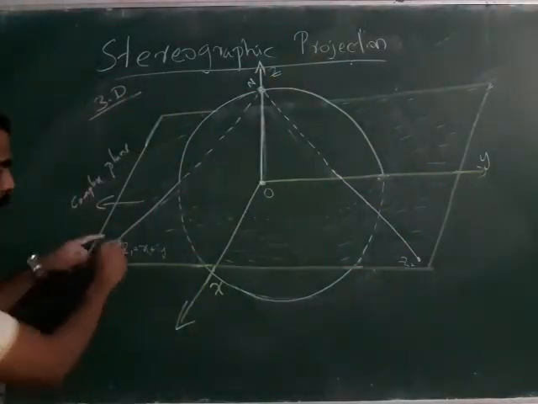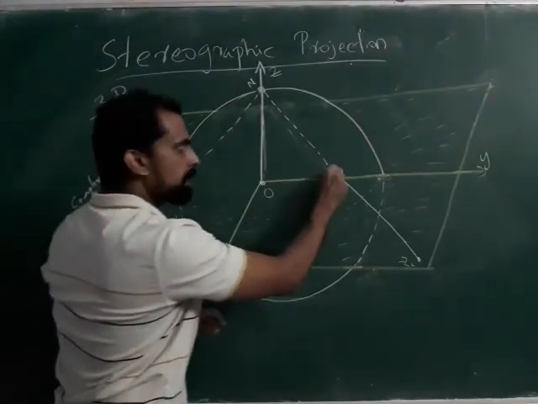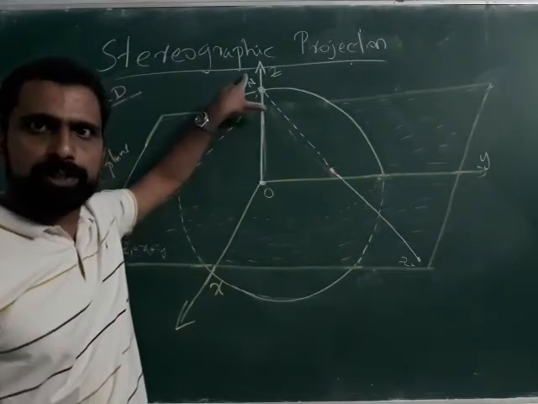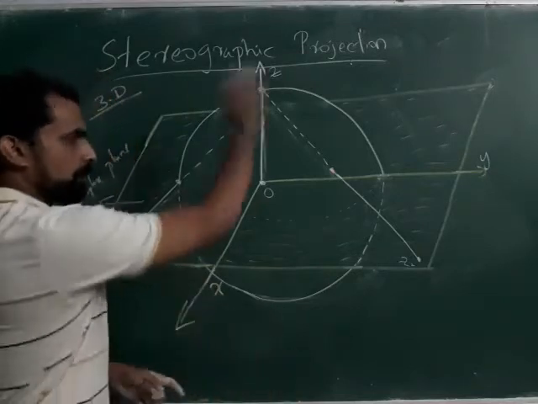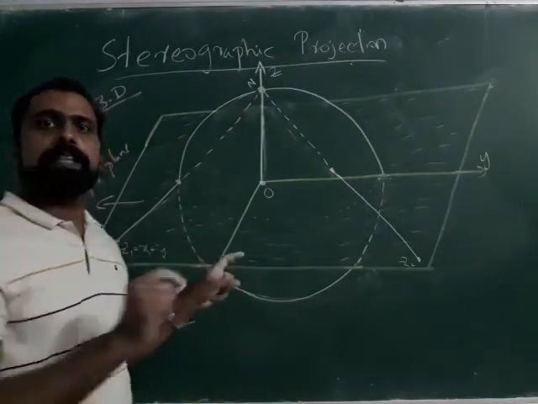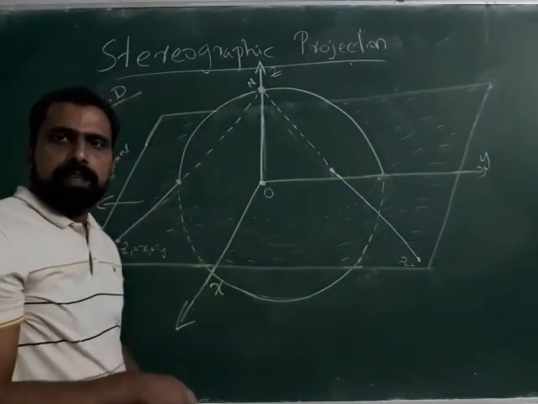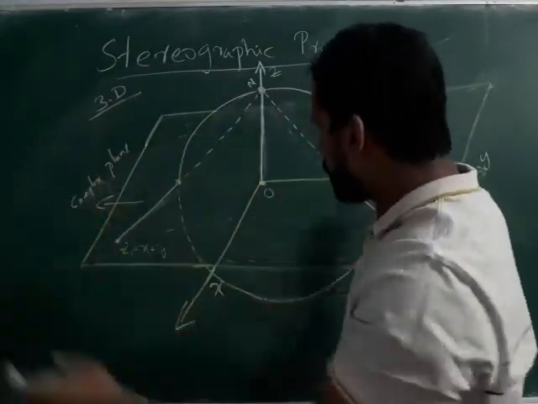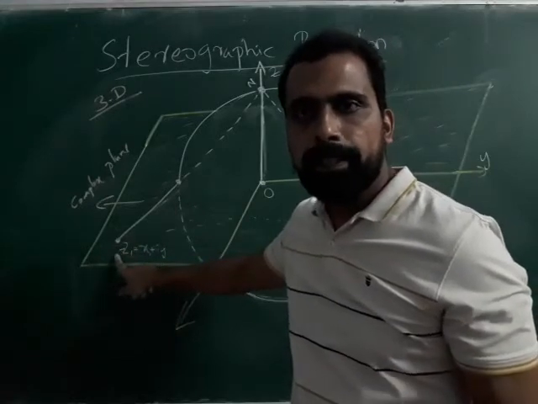So this point is cutting here on the sphere, this point is cutting here on the sphere, and after that it is going inside. So you take any point on this complex plane, that will make a unique cutting point on this sphere. So this way you can say this point on the complex plane corresponds exactly to this point.